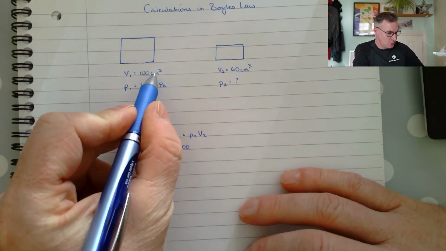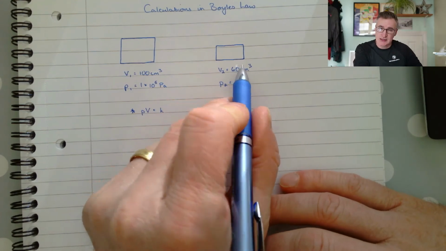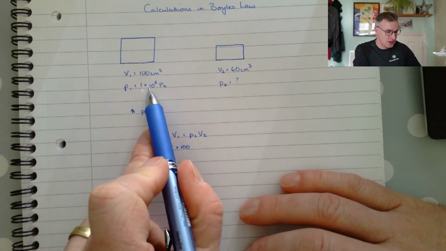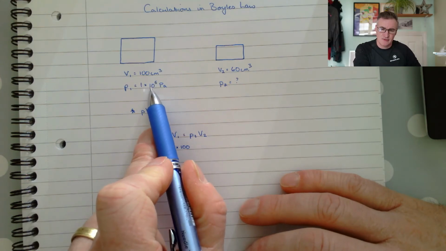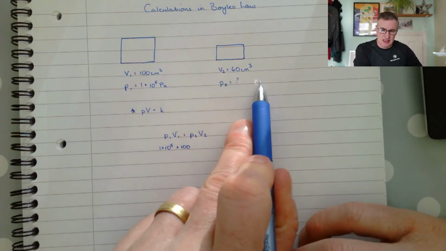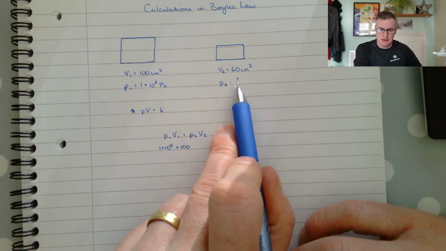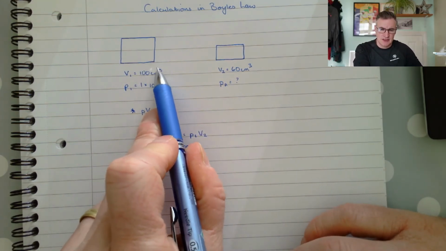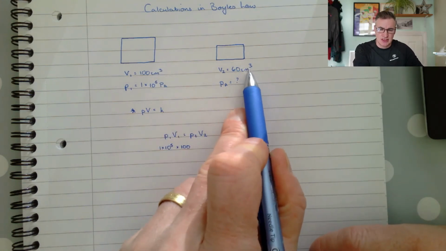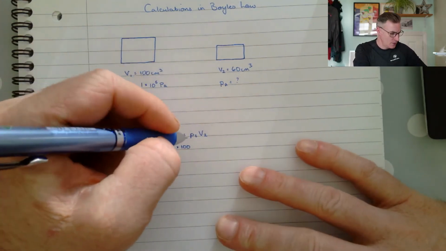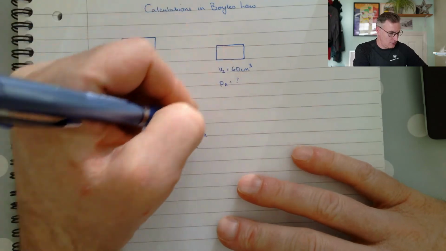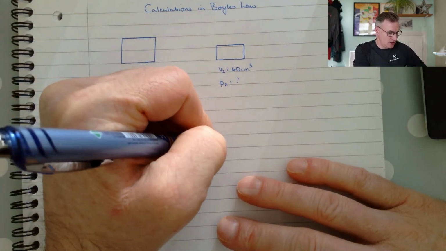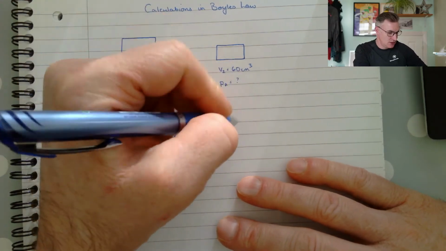We don't need to worry about the units as long as they are the same unit. So if we're dealing in 1 times 10 to the 5 pascals, this answer will come out as times 10 to the 5 pascals, and if this is in centimeters cubed, this is in centimeters cubed. So then we're just going to have P2 there, and then that times 60.